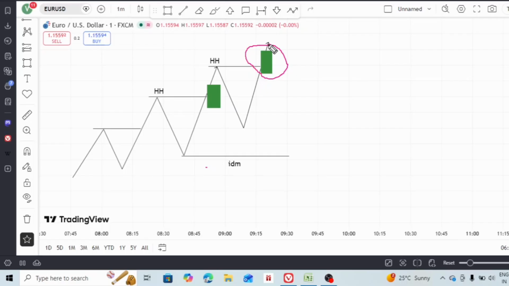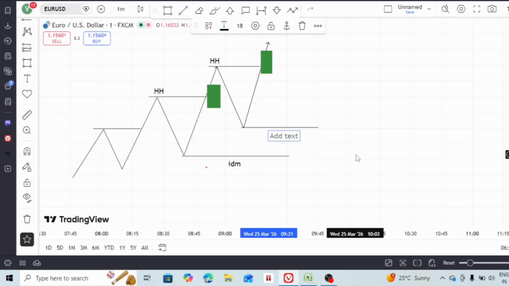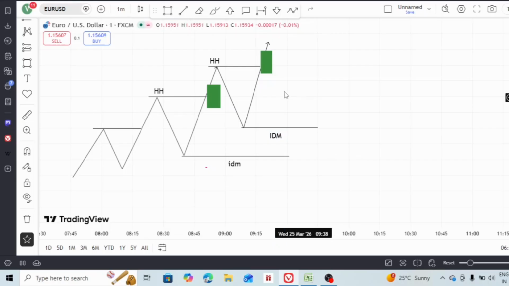So our inducement level will also be shifted to this level. The level also shifts as the market continues to move. So this will be our inducement now.